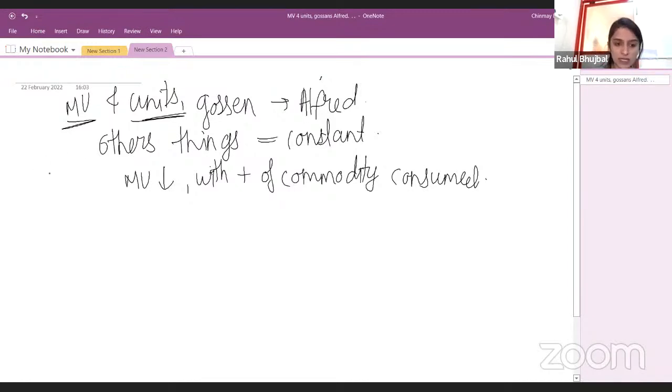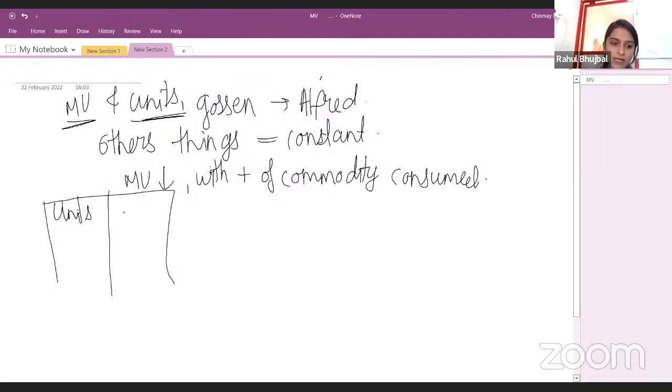After explaining the law or the sentence, the next thing you are going to do is show a schedule. In the schedule, first you will draw a column for units, and second a column for marginal utility.